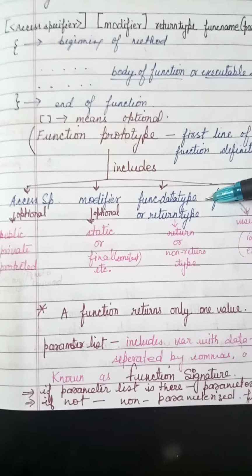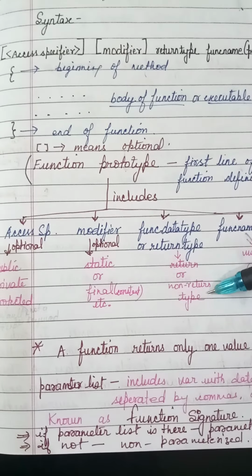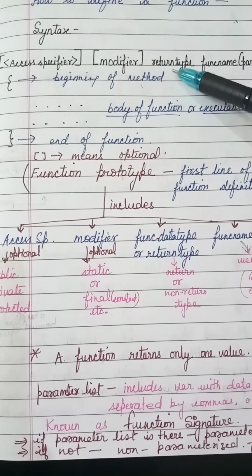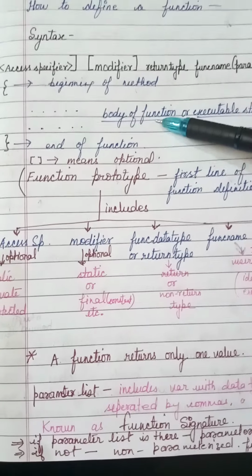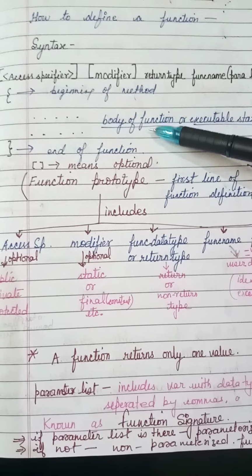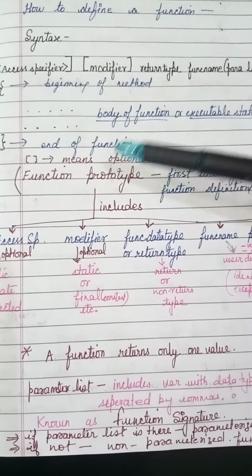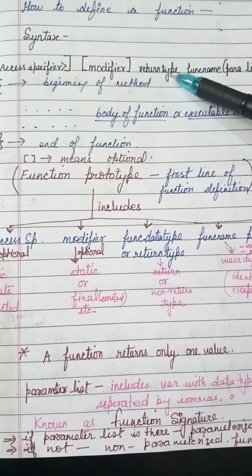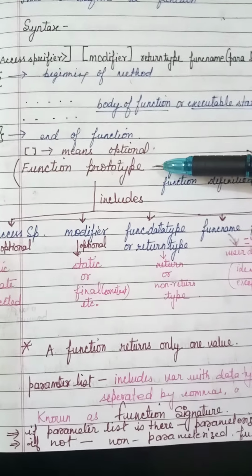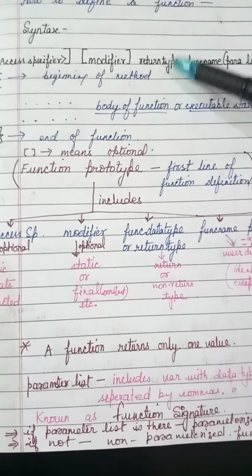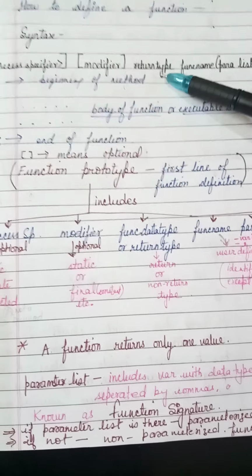So if function is not returning any value, means non-return type function, then you will be writing void type here. And if function is returning some value, then the data type of that data will be written here. Suppose a function is returning a character, then char should be here. Integer, then int will be the data type.